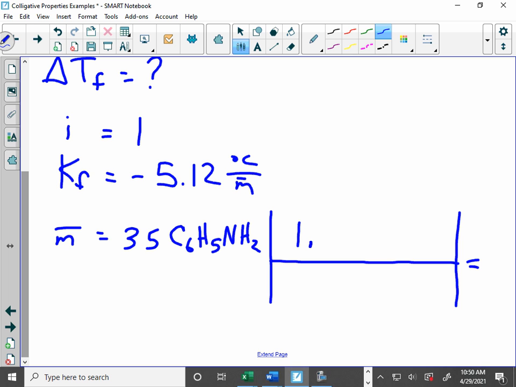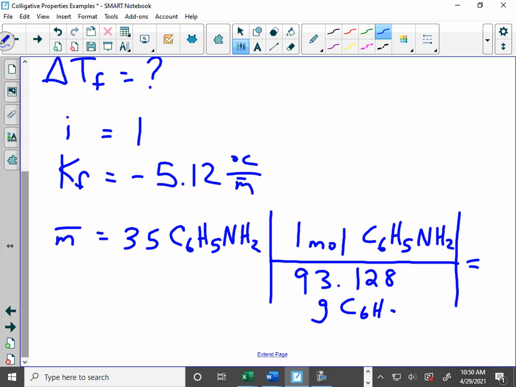I know that 1 mole of C6H5NH2 has a mass of 93.128 grams of C6H5NH2.